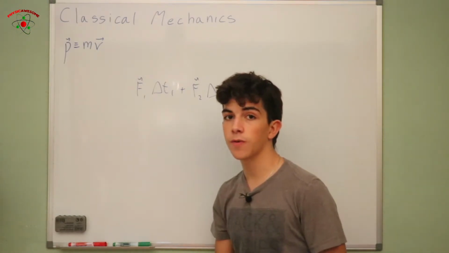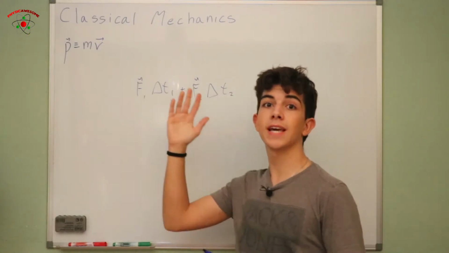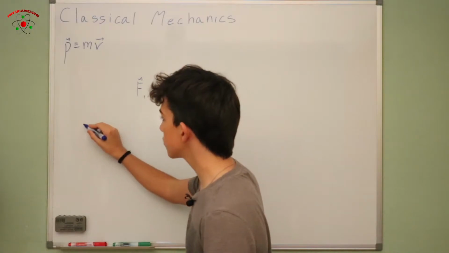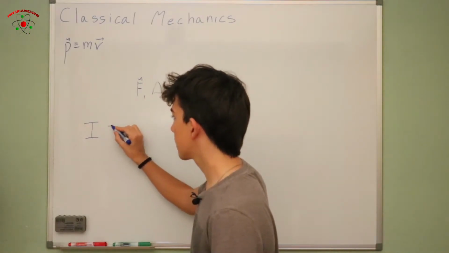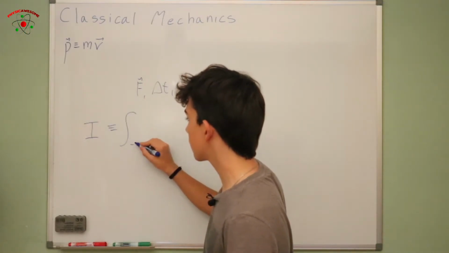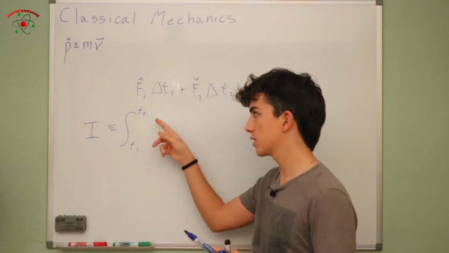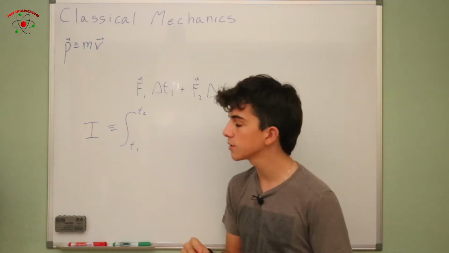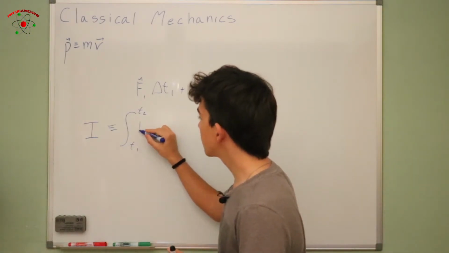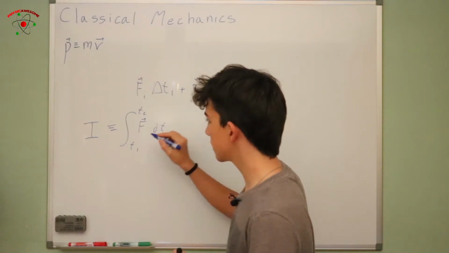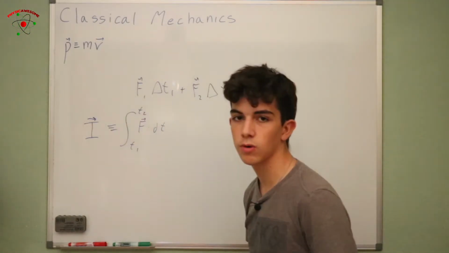Therefore, we find in a more general form that applies to more situations, impulse I as the integral from t1 to t2, that is the impulse that has happened between these two times, of the force times dt, and this is a vectorial quantity.